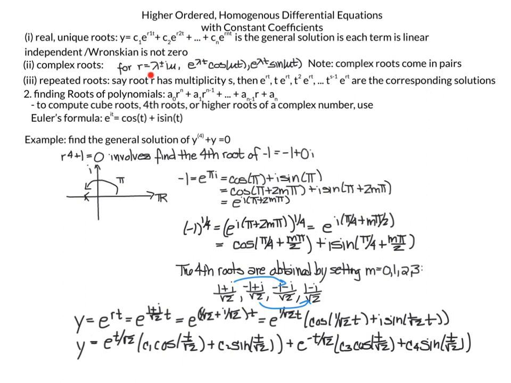Now I'm going to use this part of my formula. If the root is equal to a real part plus I times an imaginary part, then our solution is e to the real part times t times cosine of the imaginary part times t. And the second solution is e to the real part times t times sine of the imaginary part times t. So here we are. E to the real part is e to the 1 over square root of 2 times t. And then for the imaginary part, we have cosine of 1 over square root of 2 times t, plus I, and then sine of 1 over square root of 2 times t.